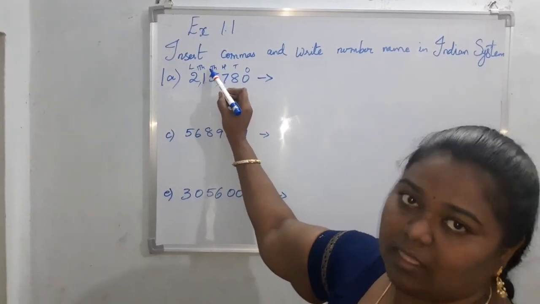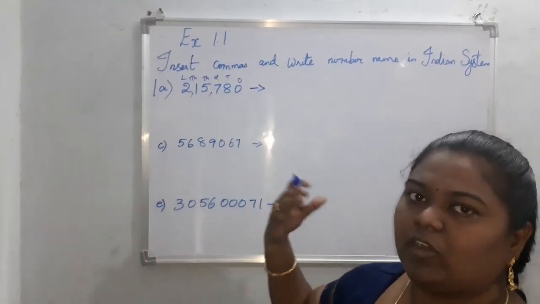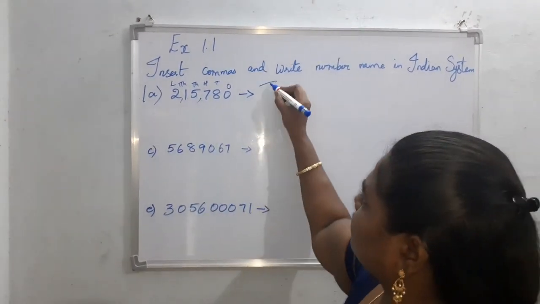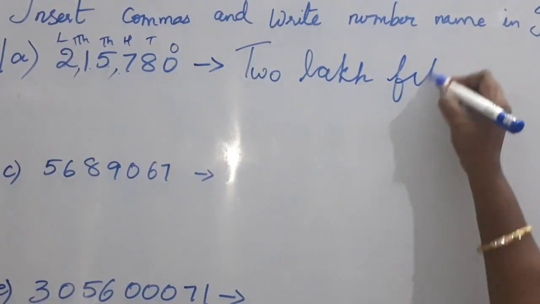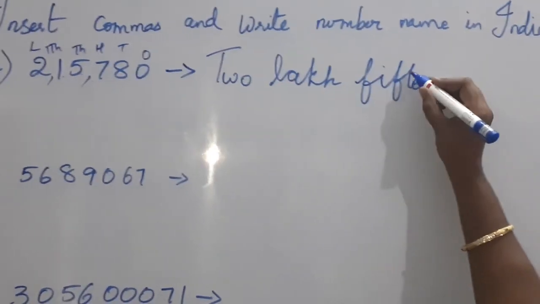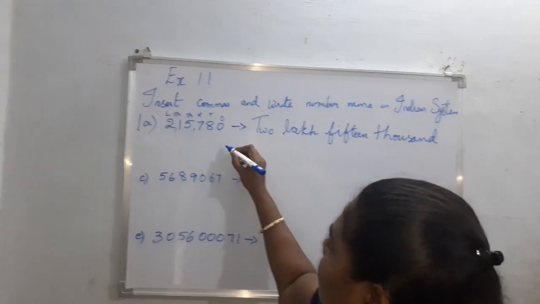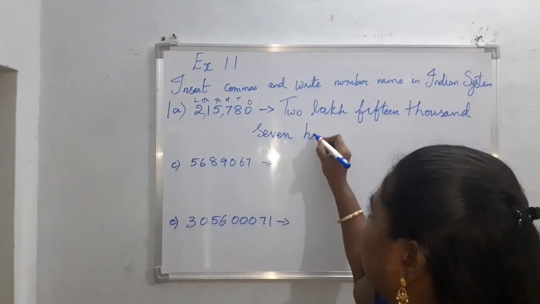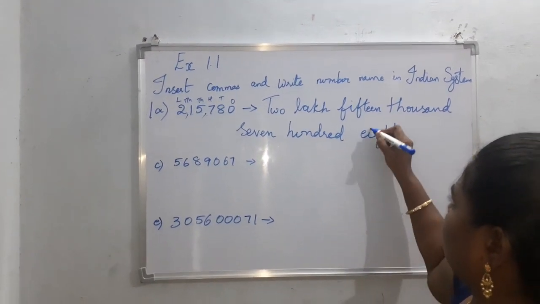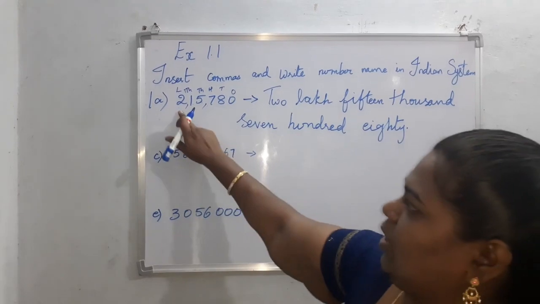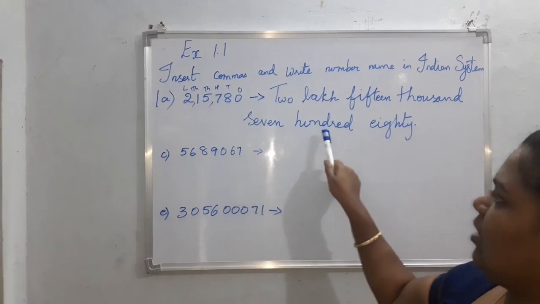15 is in which place? In thousands place. And 780. So write this in the form of words. 2 lakh, 15,000, 780.